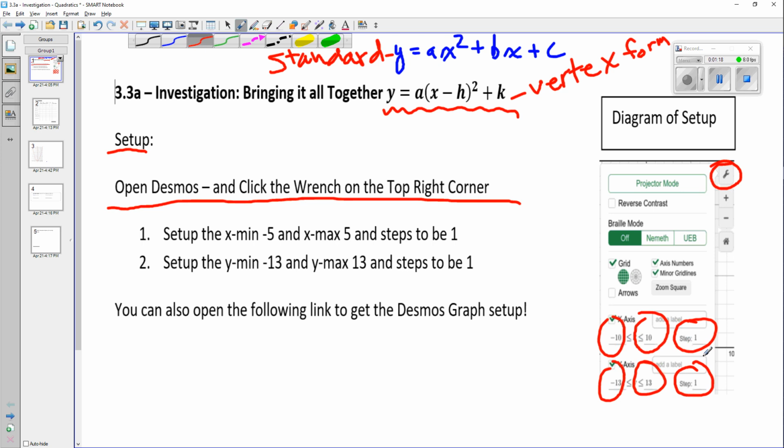So we're going to have almost the same setup for our graph. Yours might end up looking a little fatter than mine, but that might be due to the resolution of my screen.